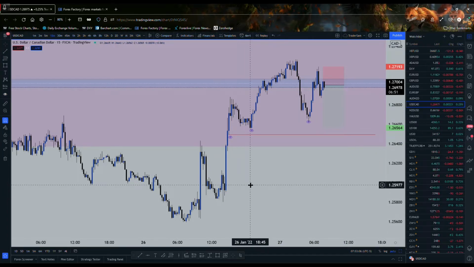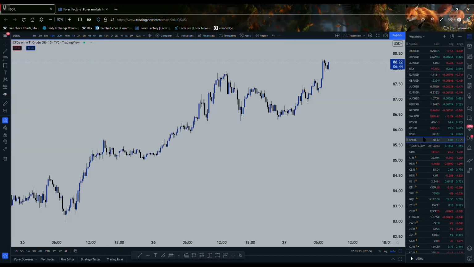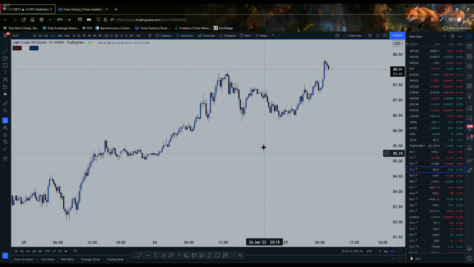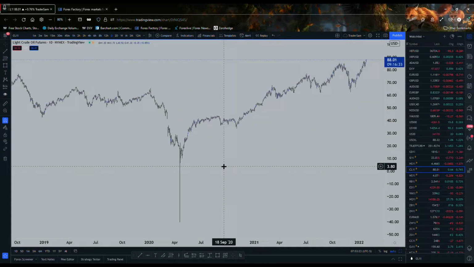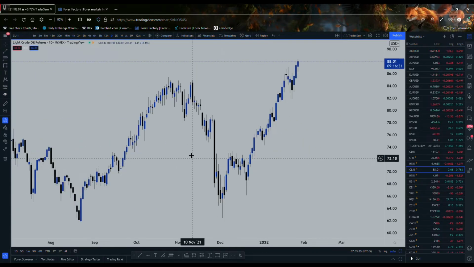A few other things that I keep in mind: the Canadian dollar is highly dependent on the strength of oil. If you look at the oil futures contract on the daily, it is unforgivingly bullish.